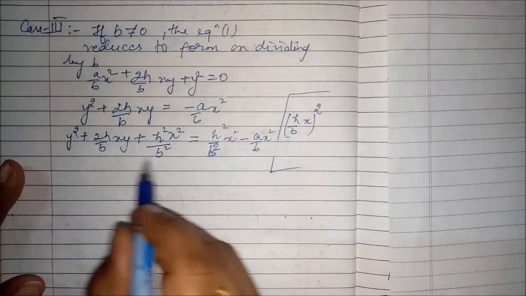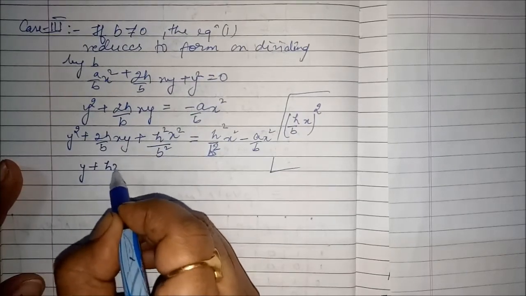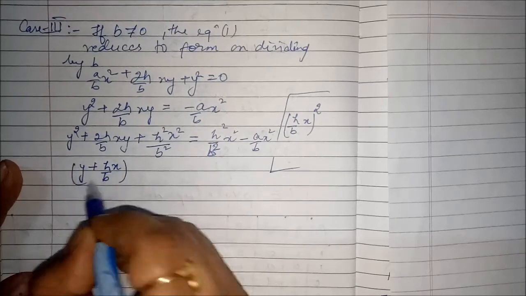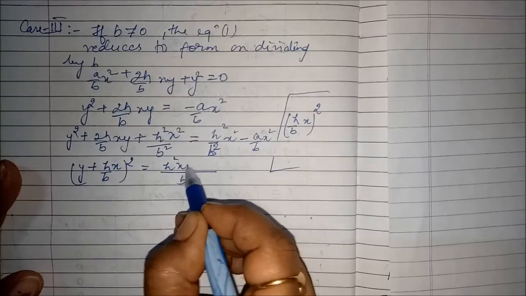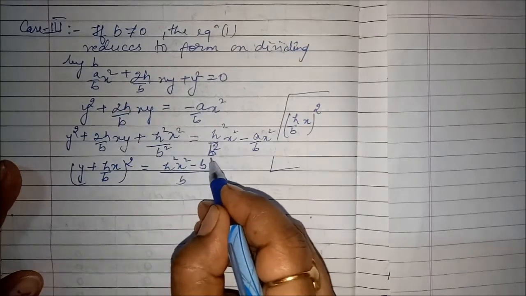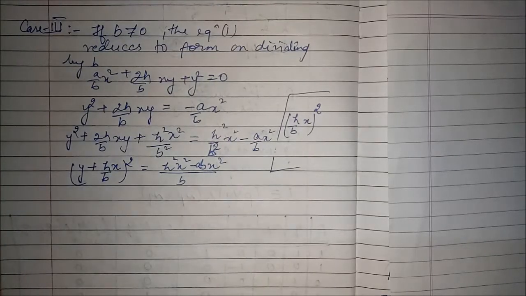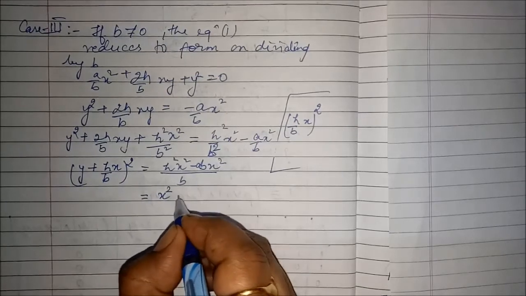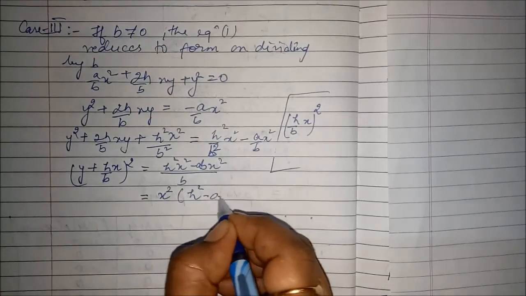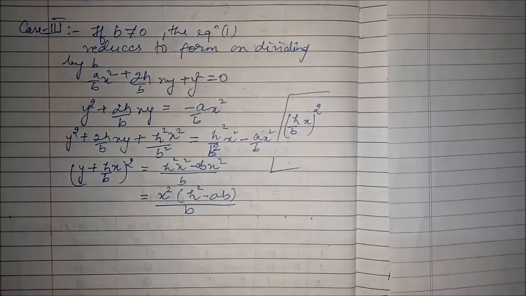Now this will be the whole square of y plus hx upon b, and here we have to solve this by cross multiplying a into b x square. Here x square is taken common, we get h square minus ab upon b square.